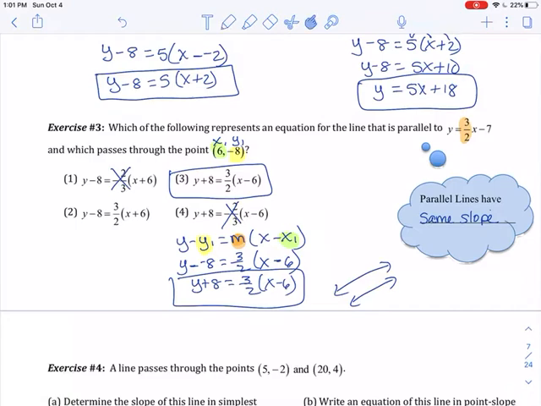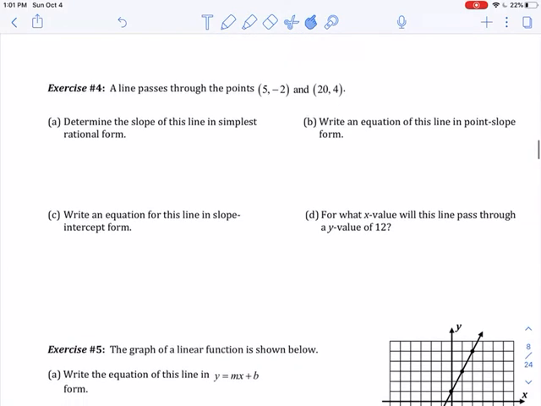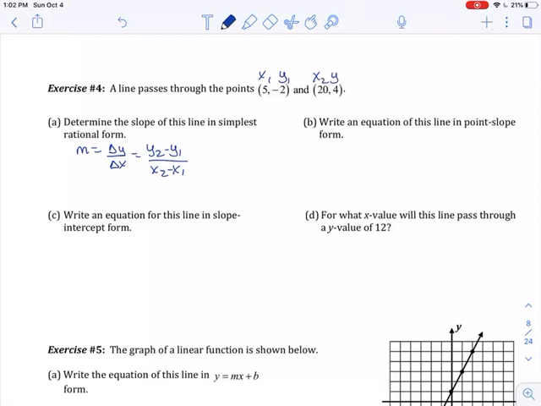All right, a little bit more review from what we did in geometry last year. If I give you 2 points, so a line passes through the points (5, -2) and (20, 4), determine the slope of this line in simplest rational form. So my slope is the change in y over the change in x, which is just y2 minus y1 over x2 minus x1.